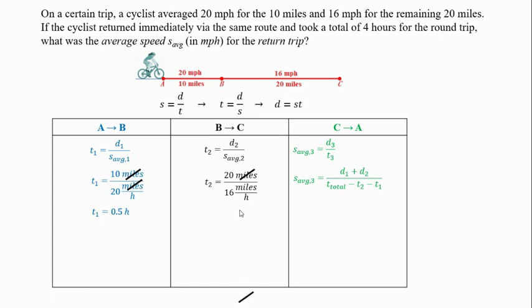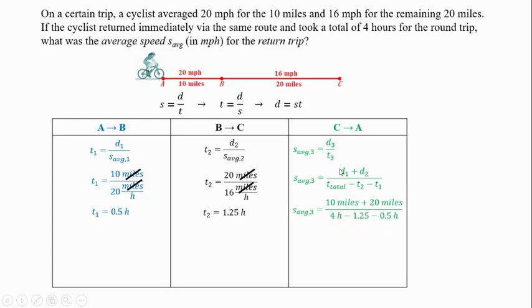And then if you do the math and you do this properly, your calculator should give you 1.25 hours. So right away, if I just use common sense, from A to B took a half hour, from B to C took 1.25 hours. So total, it would be 1.75 hours. So now I can just plug and chug here, okay?